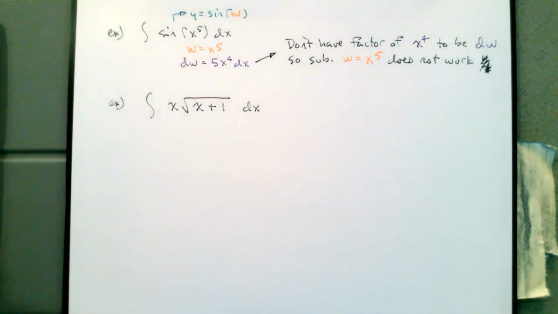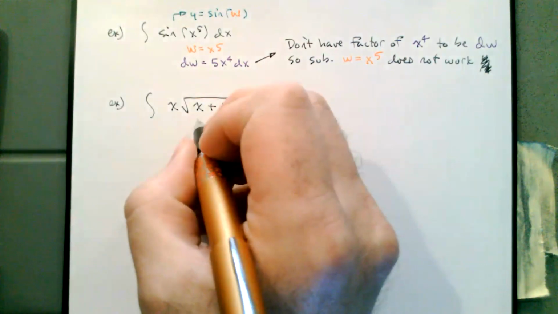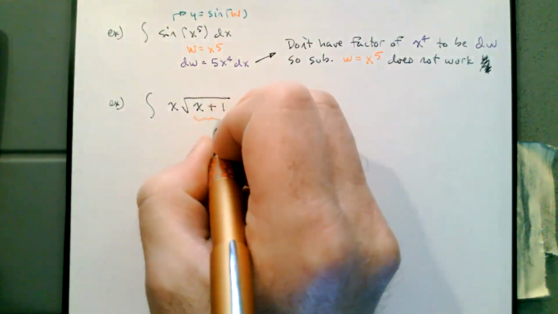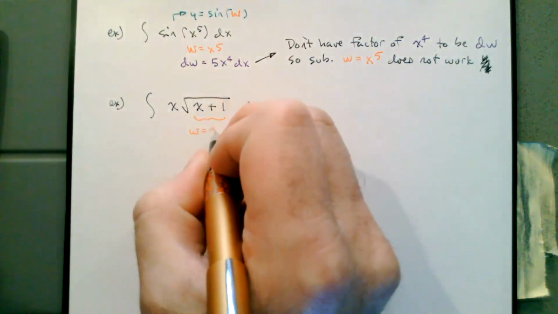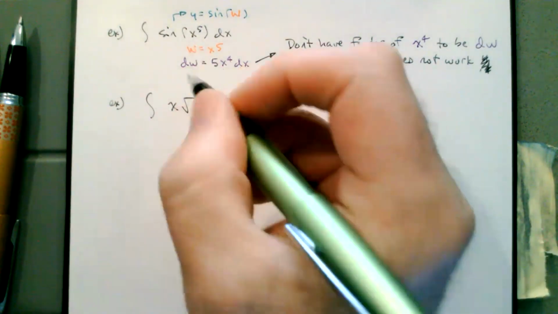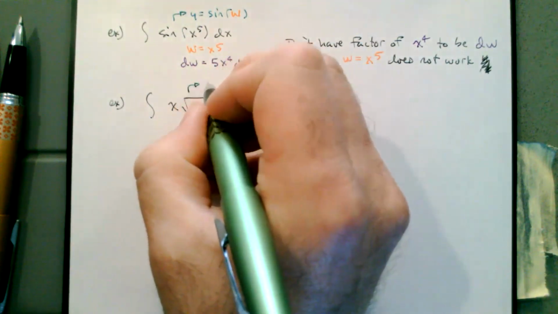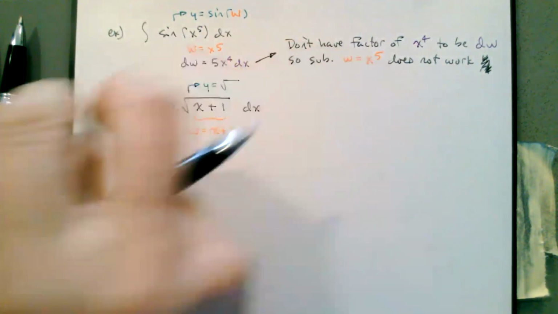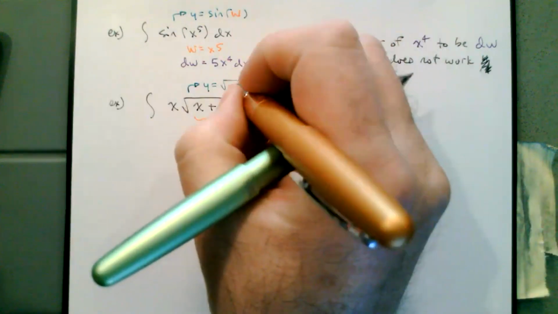We see one function clearly inside another function. That x plus 1 is sitting inside a square root. But there's that other x out there. So if we just go with our instincts on this and say, well, it looks like x plus 1 is in fact sitting inside, so w is equal to x plus 1. That's sitting inside the square root function. y is the square root of w. That's the function that we're actually going to be integrating.